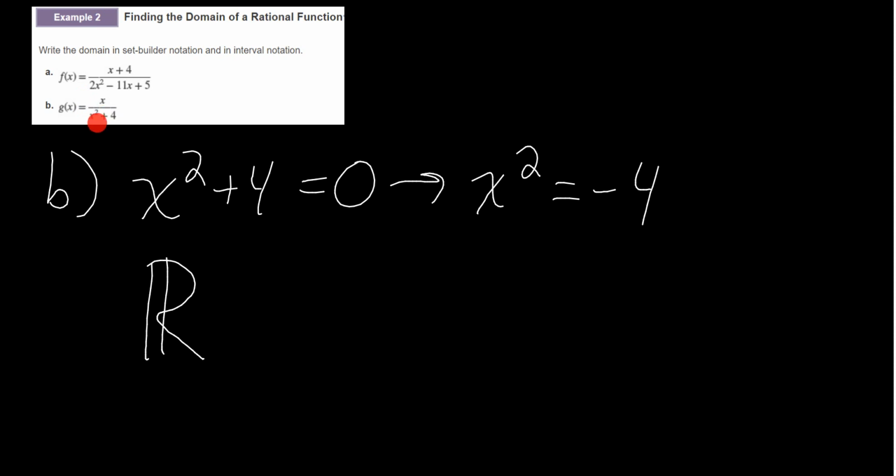If we were to say negative 2 squared is positive 4, 4 plus 4 is 8. There is no number that will make this denominator equal to 0, because there's no number that you can square to give you a negative number. So the domain is indeed all real numbers.